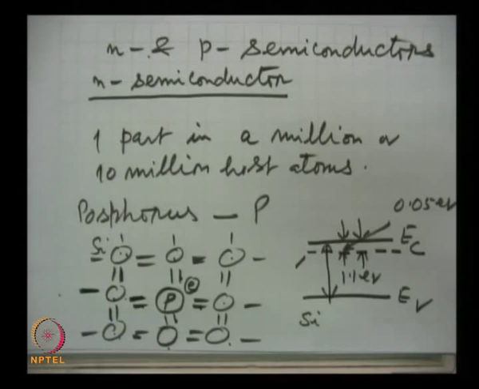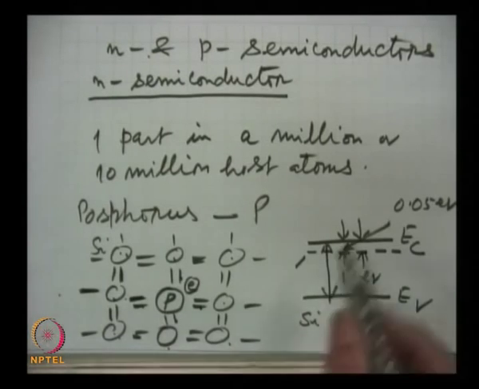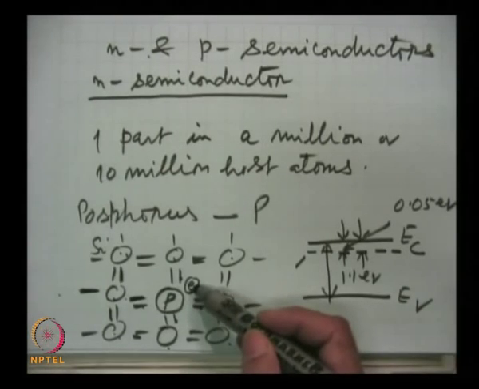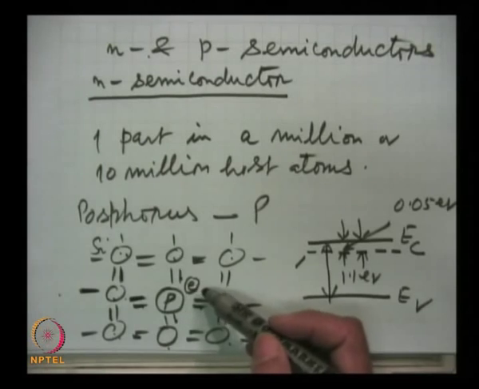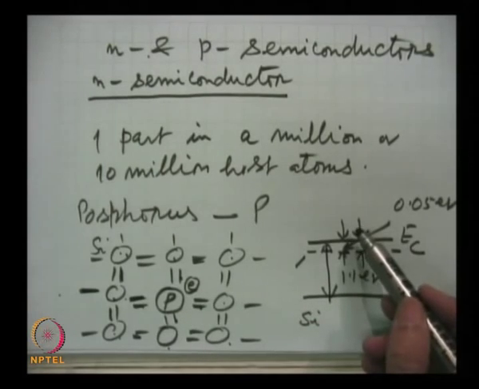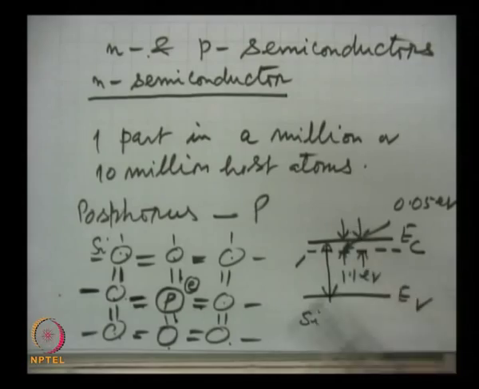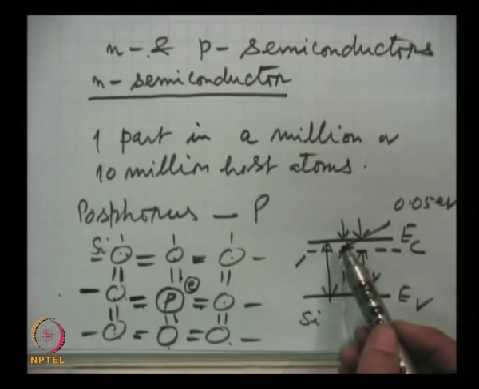At room temperature, this fifth electron will have enough energy to move to the conduction band. This way each phosphorus atom will release its one extra electron, the fifth electron, to the conduction band.